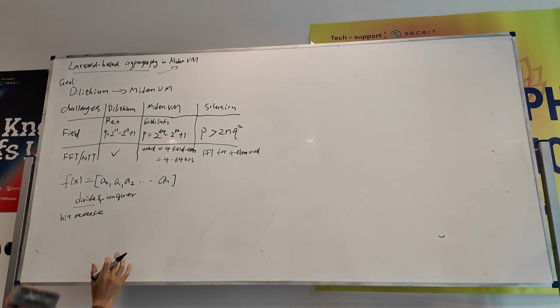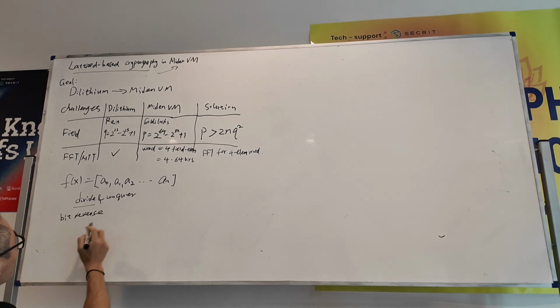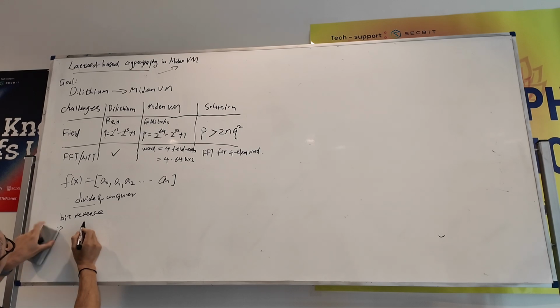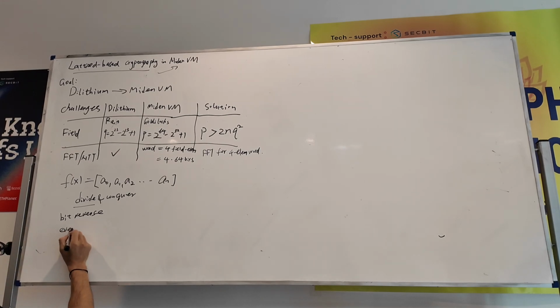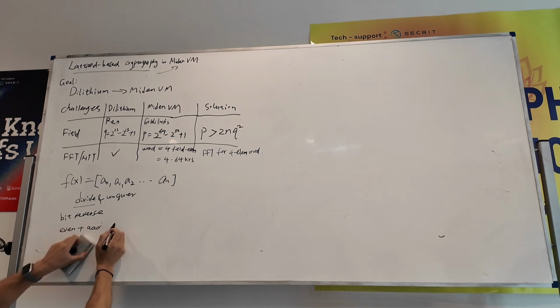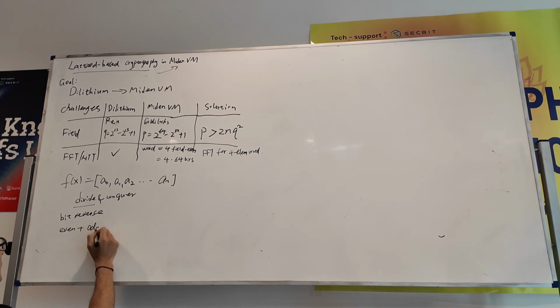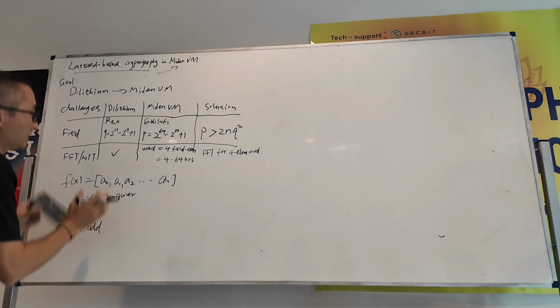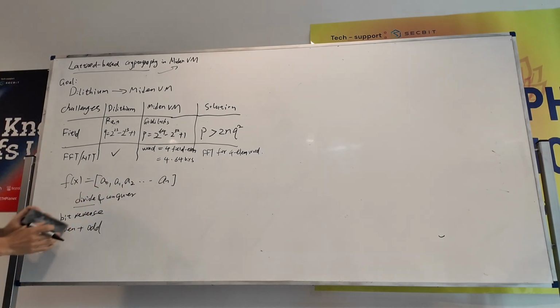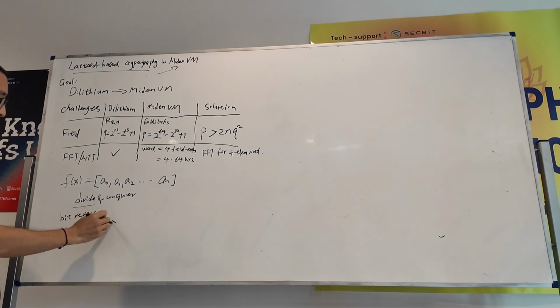Or you just recursively divide them at each layer into even and odd. Each time you divide them into even and odd, and finally you get the same result.